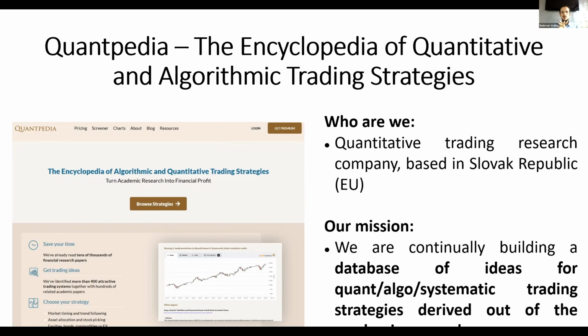Our mission is to turn financial academic research into a more user-friendly form to help anyone interested in algo quant trading and systematic investing. We are continually building a database of ideas for systematic trading strategies, which are extracted out of academic research papers. Our research covers all main asset classes such as equities, bonds, commodities, currencies, or cryptocurrencies.